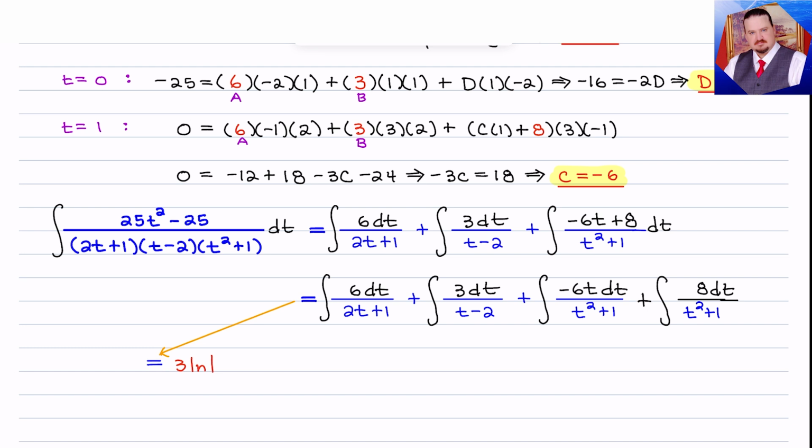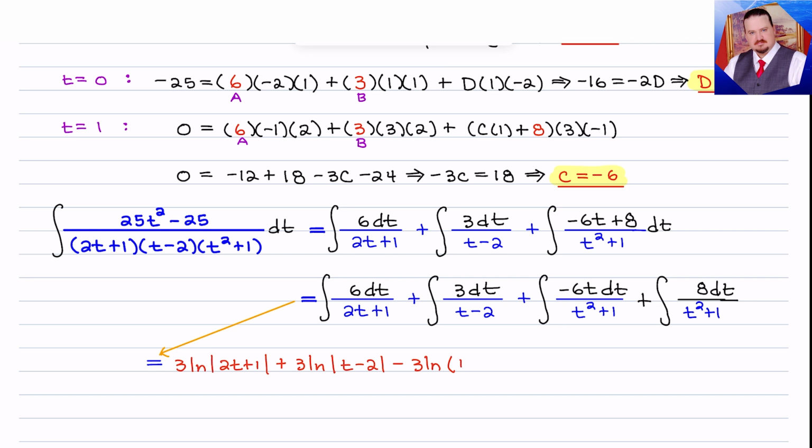So it's 3 times the natural log of the absolute value of 2t plus 1, plus 3 times the natural log of the absolute value of t minus 2, minus 3 times the natural log.